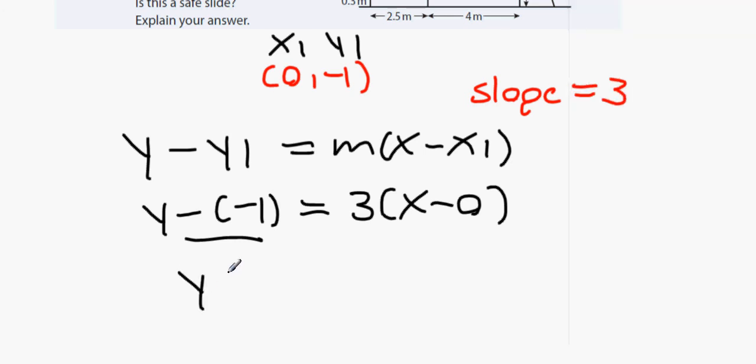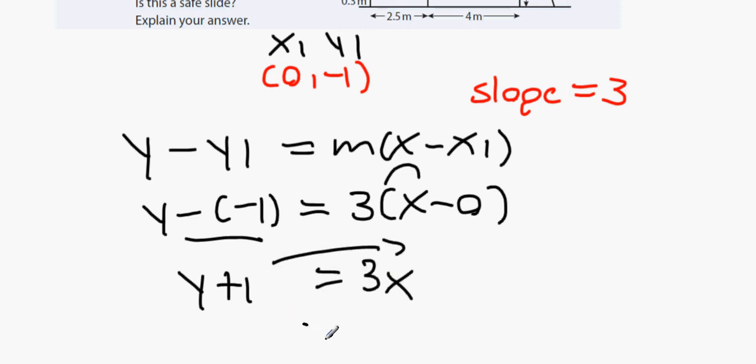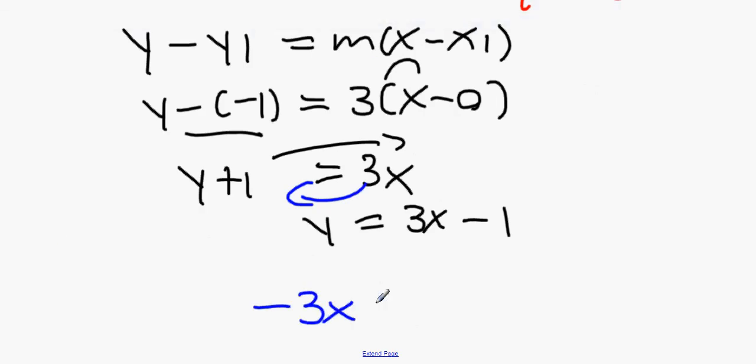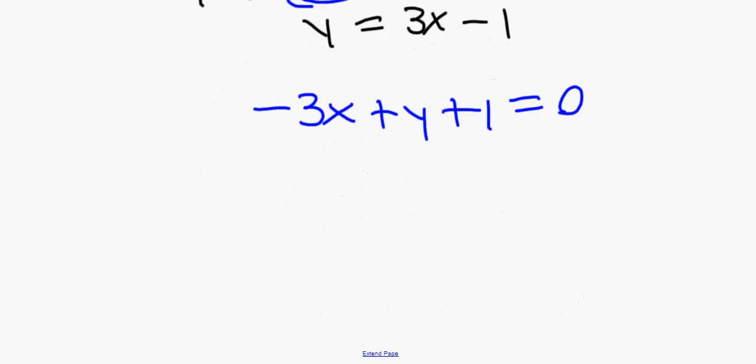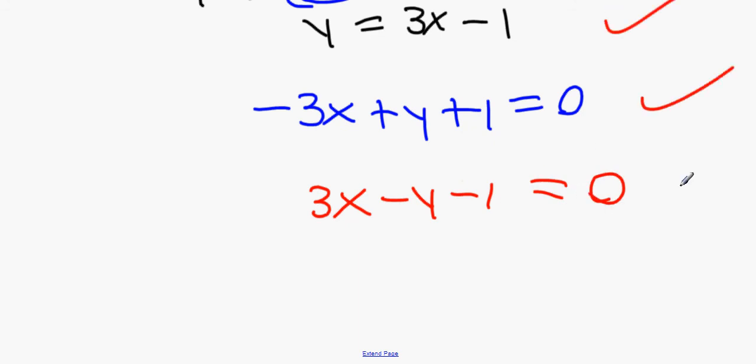So y plus 1 equals 3x. So that's the equation of our line. We could write it like this: y equals 3x minus 1. Or we could write it like this: minus 3x plus y plus 1 equals 0. Or another way would be to multiply all that by minus 1. So there are 3 different ways of presenting that answer. All of them get full marks.